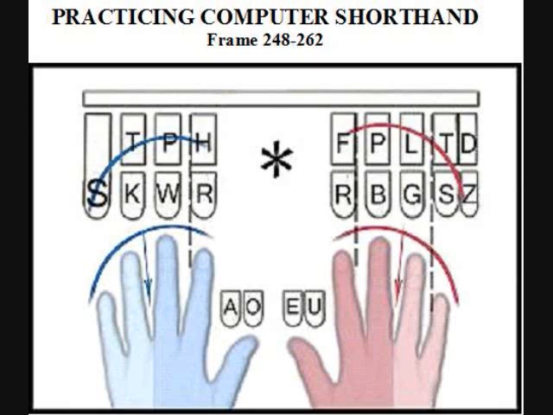Okay, frame 250 is shall not, and I tend to write the pronoun first and use SHAN for shall not. But again, that's personal preference. I shall not. You shall not. He shall not. She shall not. It shall not.